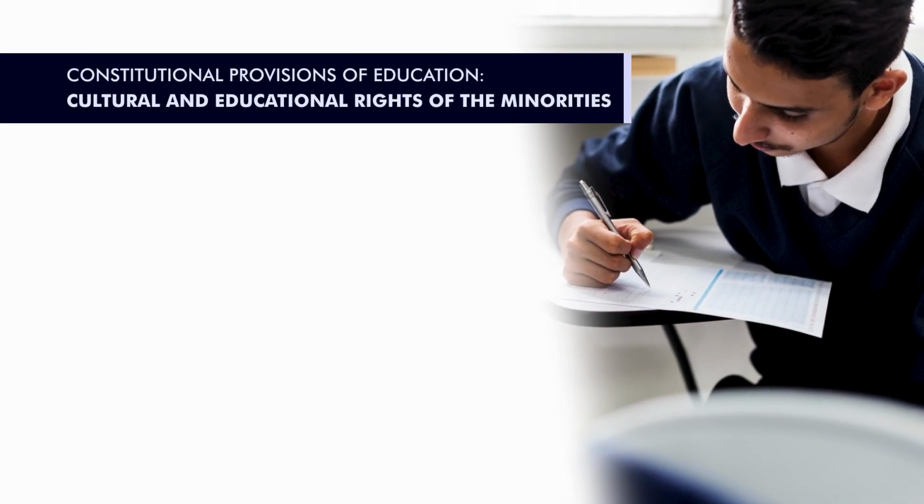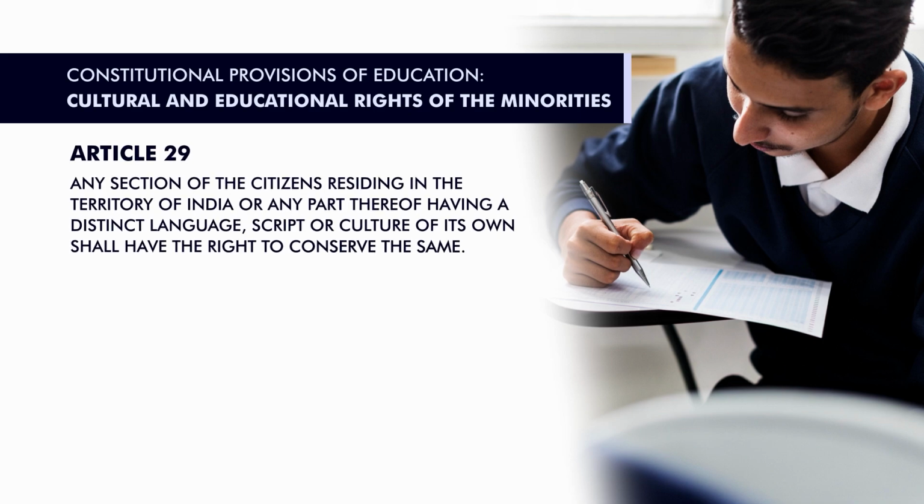Now, let me focus upon some of the constitutional provisions that are included under the cultural and educational rights of the minorities. Just like Article 29, it says that any section of the citizens residing in the territory of India or any part thereof having a distinct language, script or culture of its own shall have the right to conserve the same.